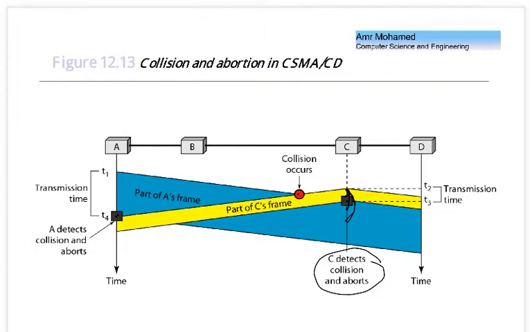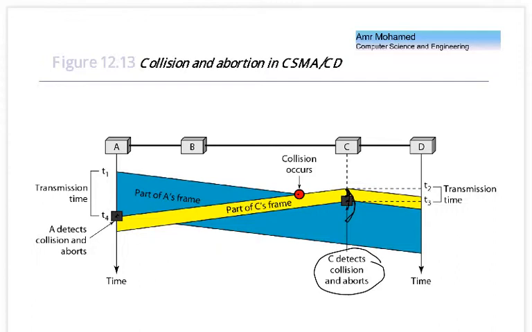Just the fact that C has aborted the transmission at T3 doesn't mean that A will abort the transmission at T3. It's different based on when each node detected that there was a collision. And this depends on both time and space. In this case, both nodes will abort the transmission.